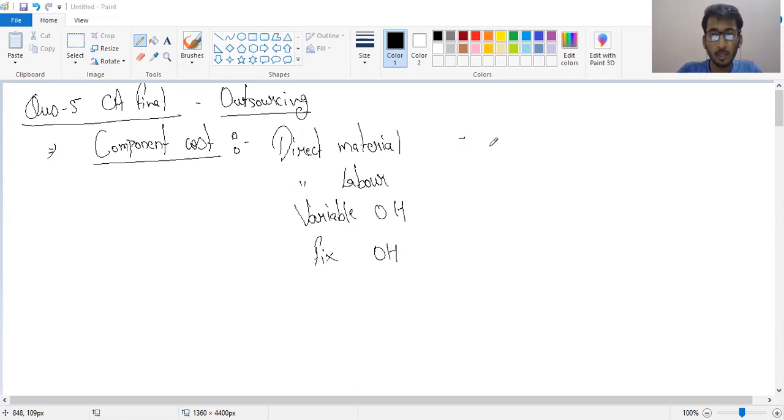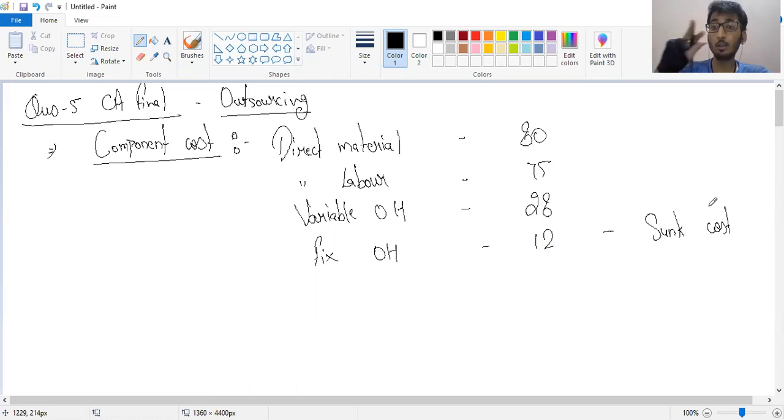Direct material cost is given to us as 80 rupees. Labor cost is 75. Variable cost is 28 and fixed cost is 12. But fixed cost would be a sunk cost, so we would not consider this cost for the purpose of decision making.